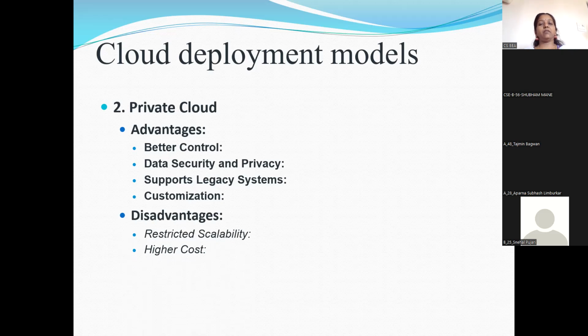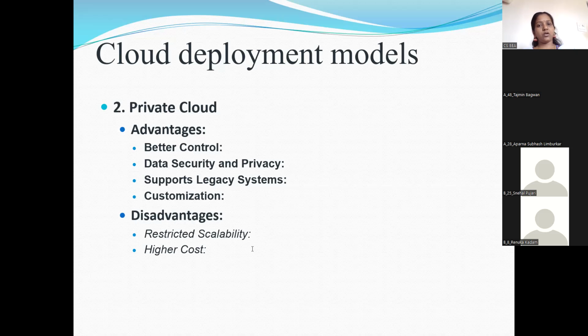That means private clouds have restricted scalability because they are scaled within the confines of internal hosted resources. So the choice of underlying hardware has an impact on scalability.